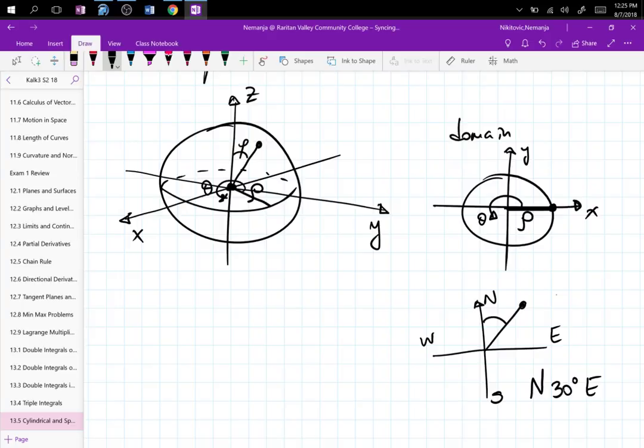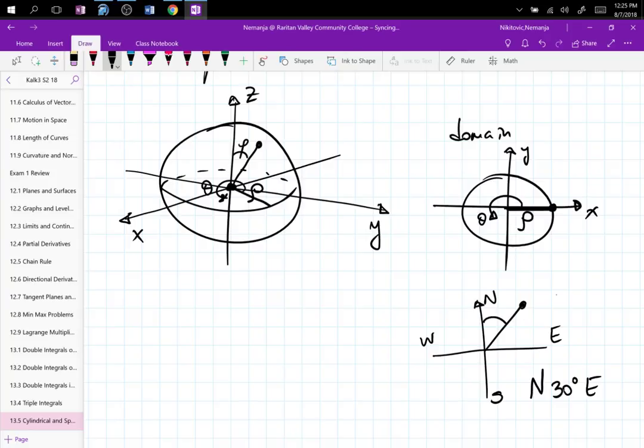So the entire trigonometry course you had was measuring angles from the positive x-axis. And we still measure the angles from the positive x-axis on our domain, because that's theta, that's polar coordinates, and nothing is changed. However, the angle phi follows the same idea as bearings.